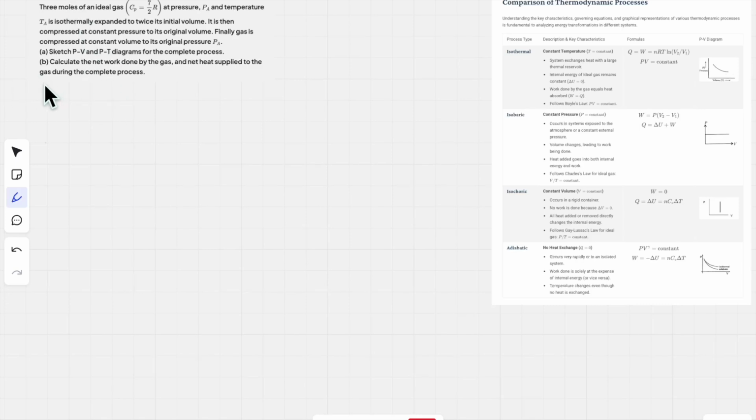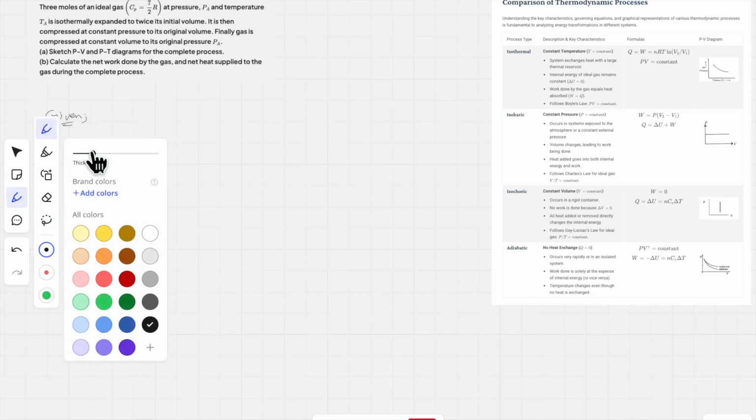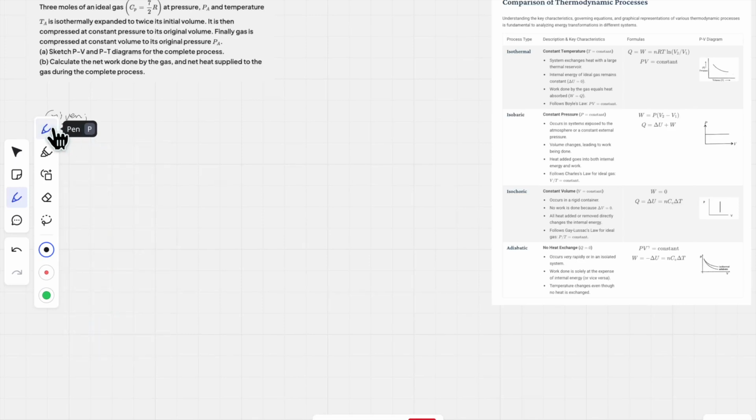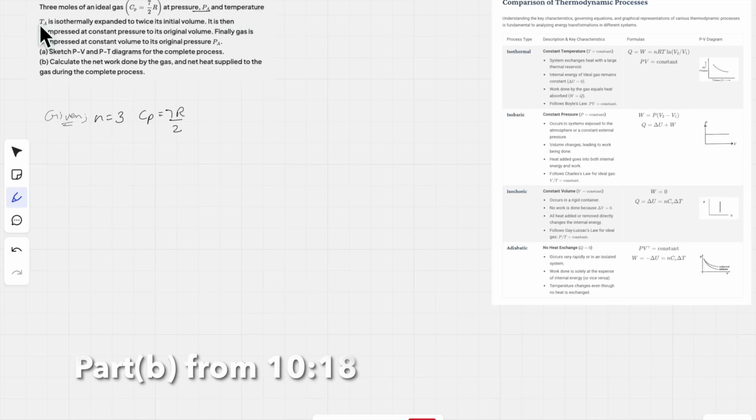So firstly write what is given to us. Okay. So they are saying 3 moles of an ideal gas. So n is given to us as 3, at a Cp of 7R/2, at initial pressure Pa and temperature Ta, is isothermally expanded.